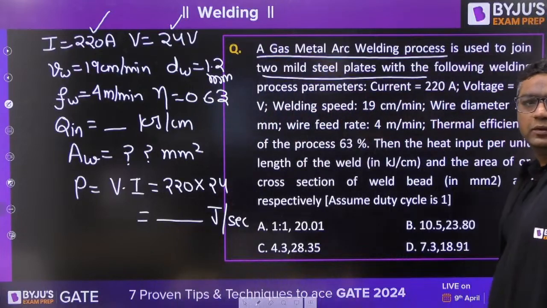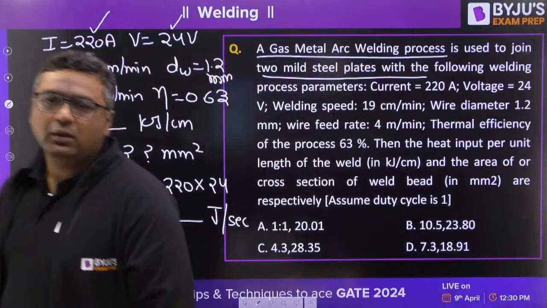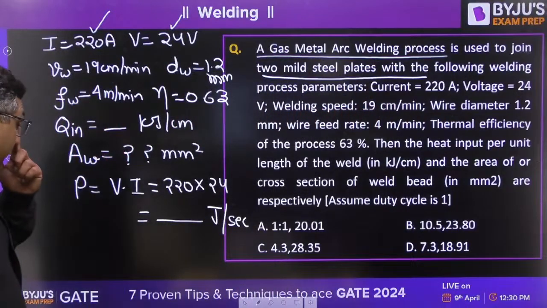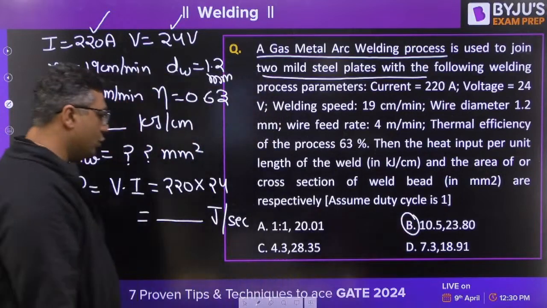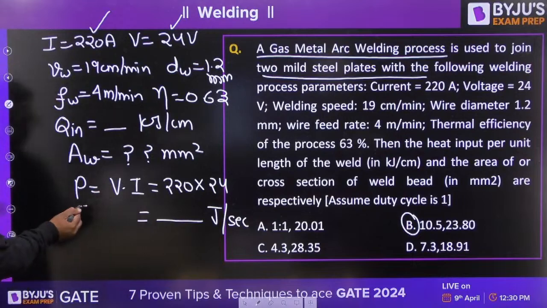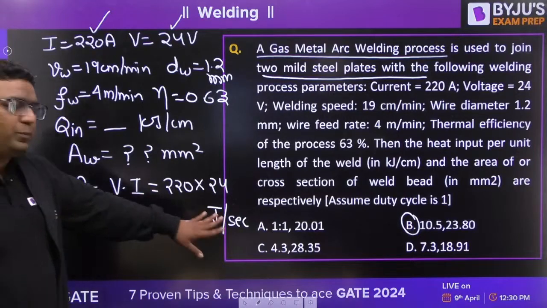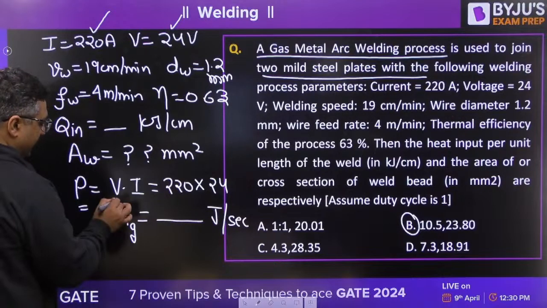Okay. So Kiran has solved this question as well. Kiran, very good. According to Kiran, the answer coming is B. Let us see how to do it. Kiran, can you tell me the value of this power? You will get this in joule per second. You can also call this heat generation.